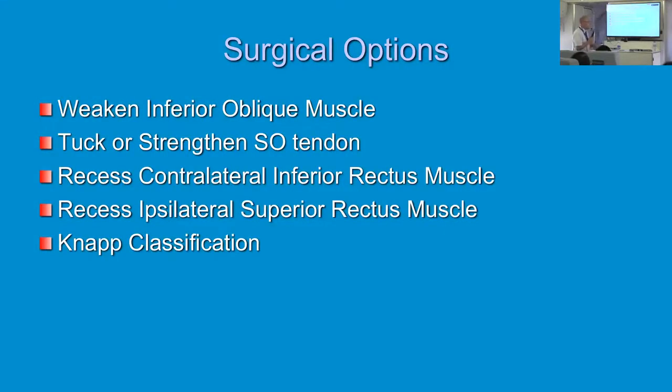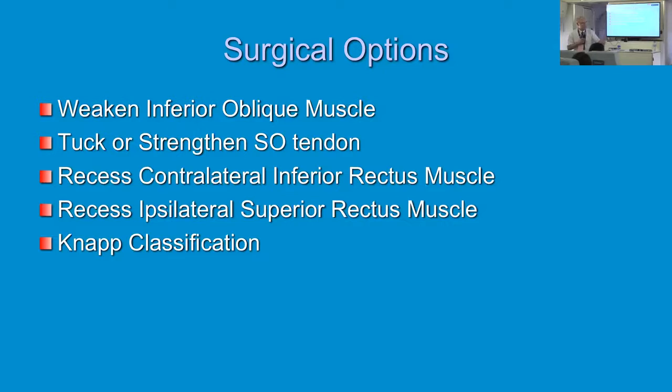So once we figure out that we have a superior oblique palsy and a hypertropia because of it, the most common surgical procedure is to weaken the inferior oblique muscle, because usually, especially if they're long-standing, you get secondary overaction of the inferior oblique, which is the antagonist.